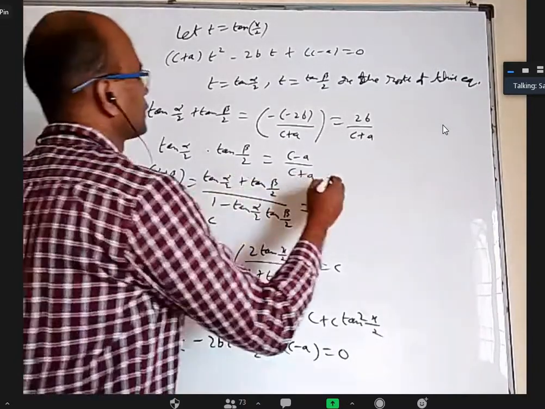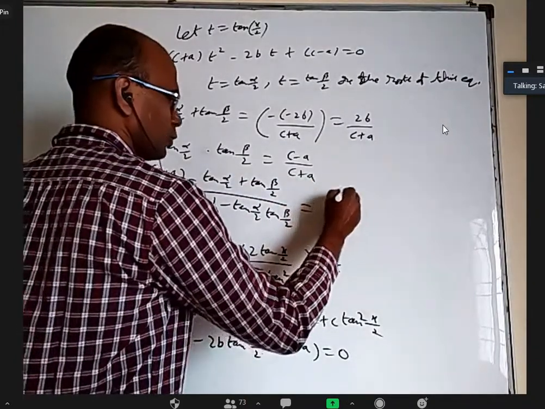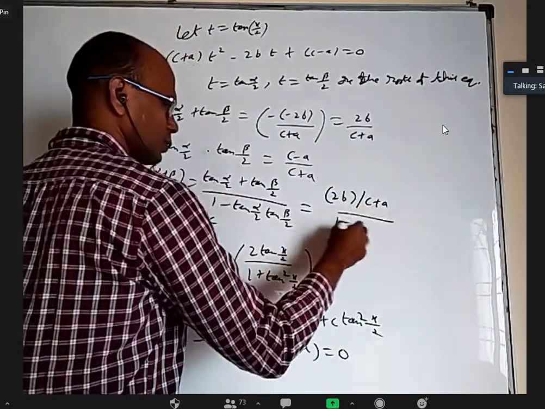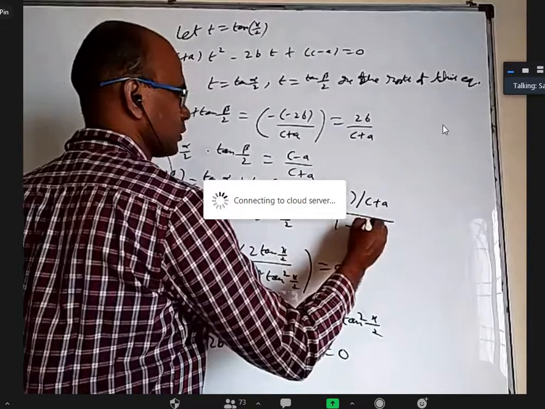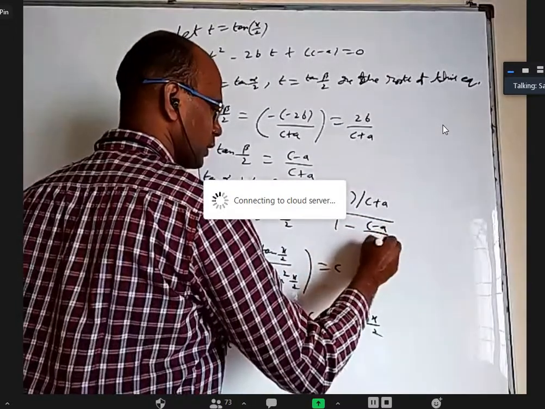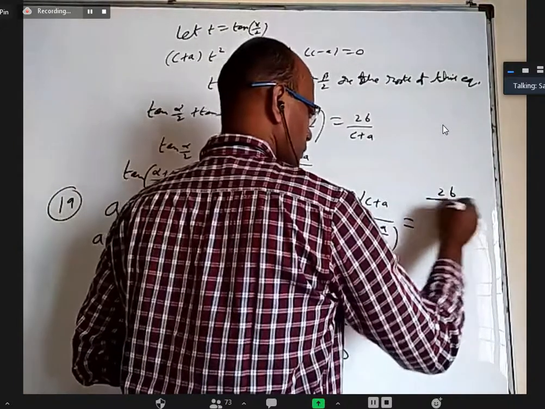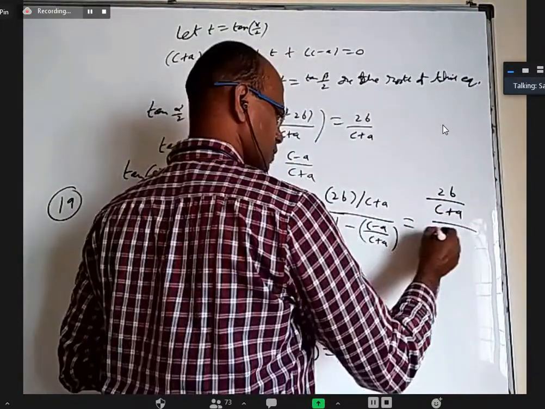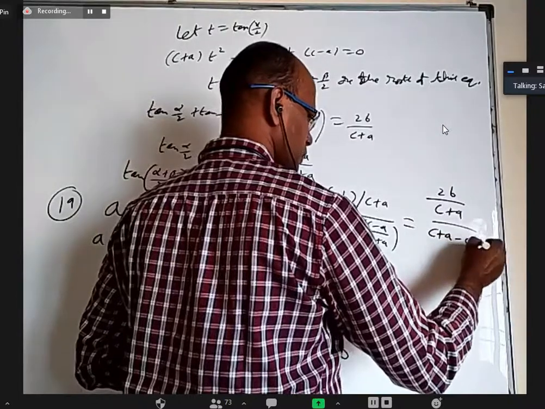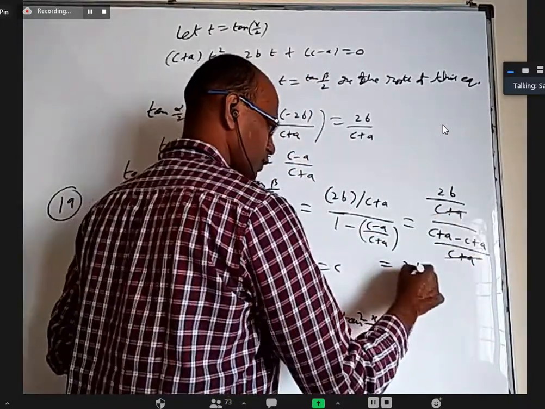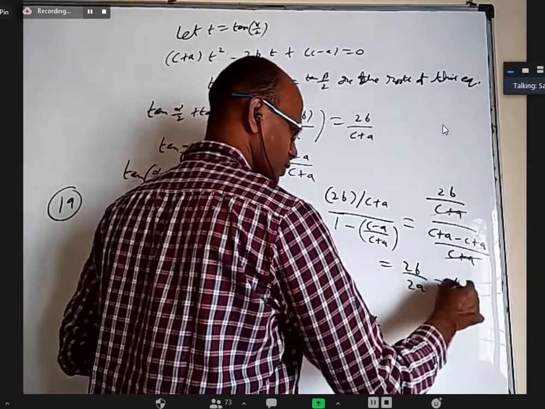The numerator is 2b by c plus a, and the denominator is 1 minus c minus a by c plus a. So this is 2b by c plus a over c plus a minus c plus a by c plus a. I can cancel c plus a. I'll get 2b by 2a, which is b by a.